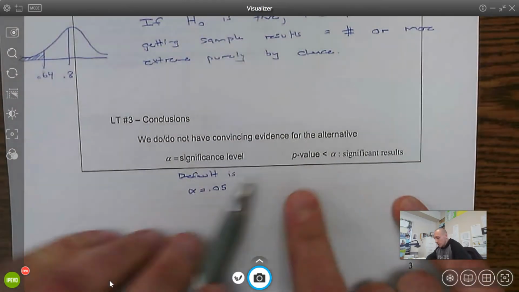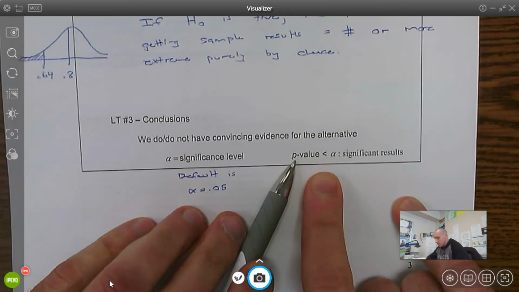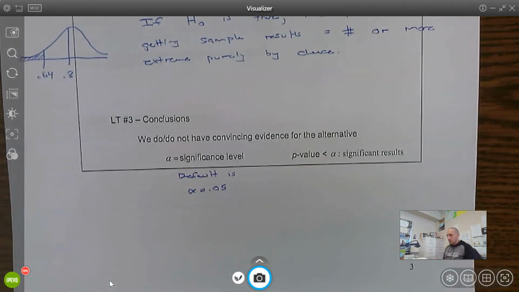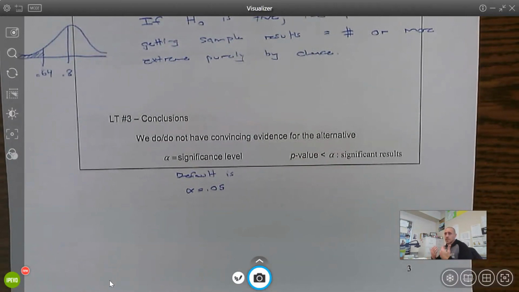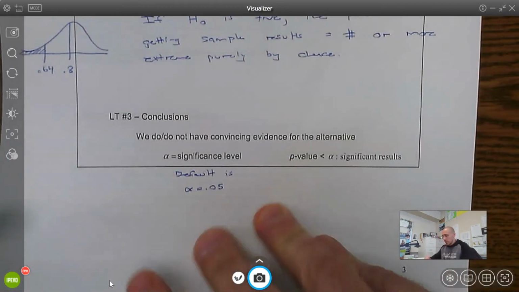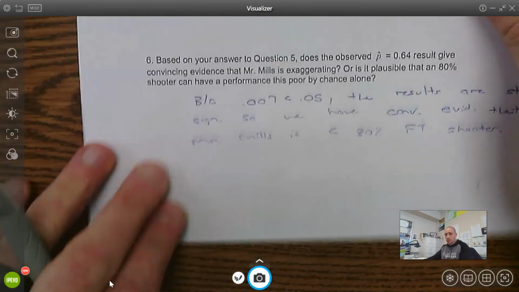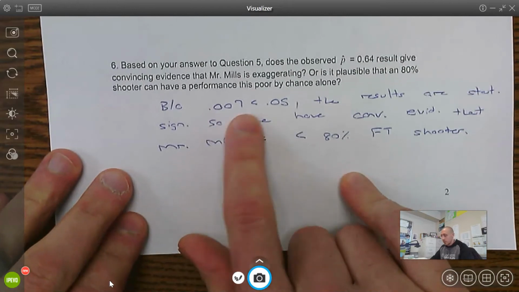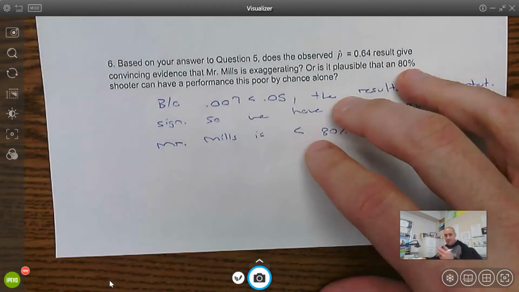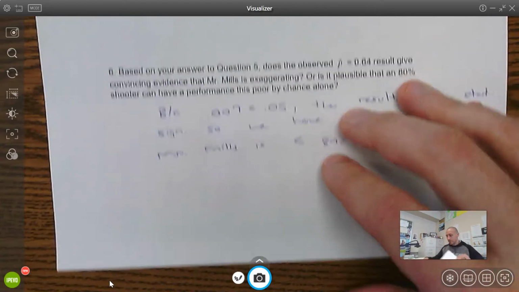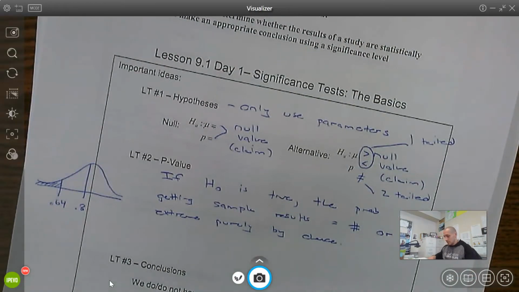So what we do is we compare our p-value to our significance level. And if the p-value is less than, in this case, 0.05, we would say the results are significant. So you'll notice I did that on the previous page here. That's the p-value, that's the significance level. Therefore, we have significant results, or statistically significant results. All right, let's move on.